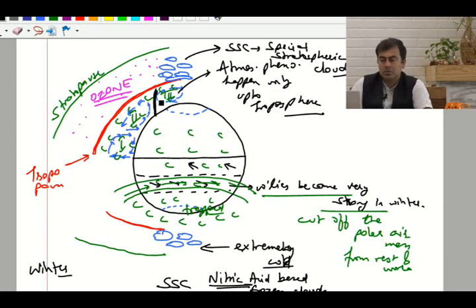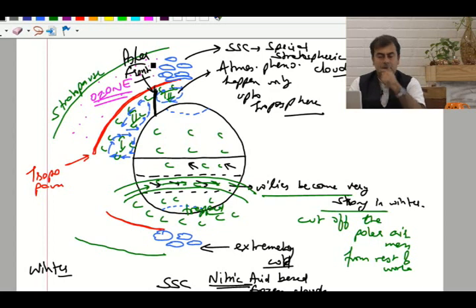If you remember, this is called the polar front, when I was talking about the planetary circulation. In between these winds which are coming from 30 degrees and 60 degrees, when this air is forced to rise, a polar front is formed. So what does this polar front do? It acts as a wall around the polar area.